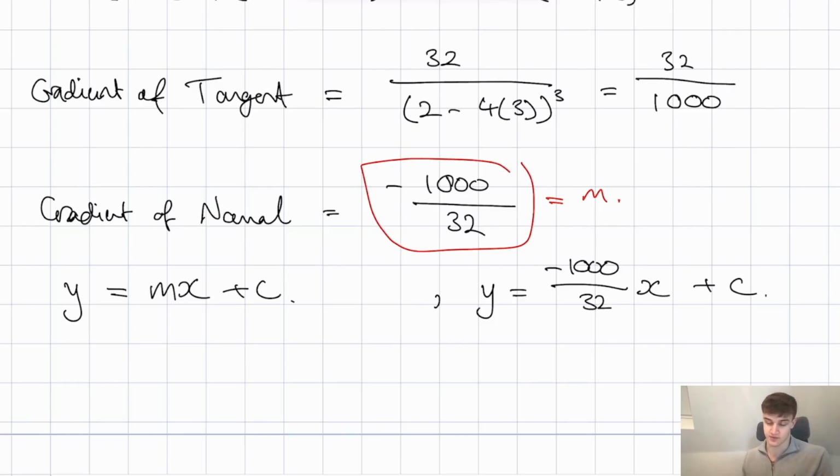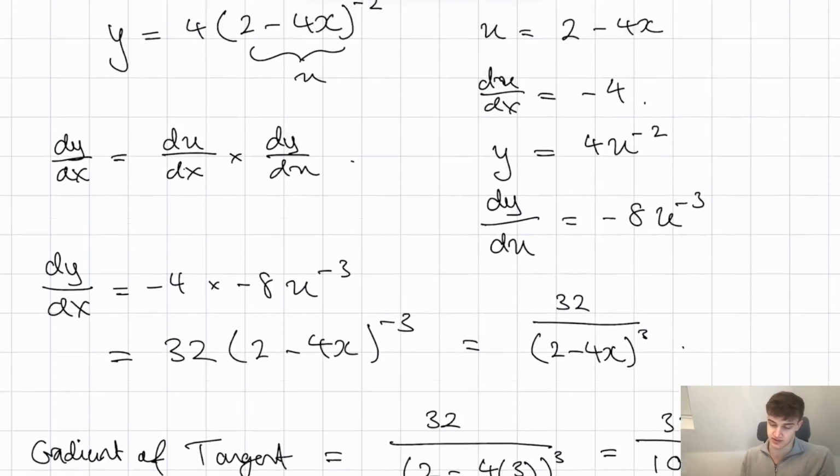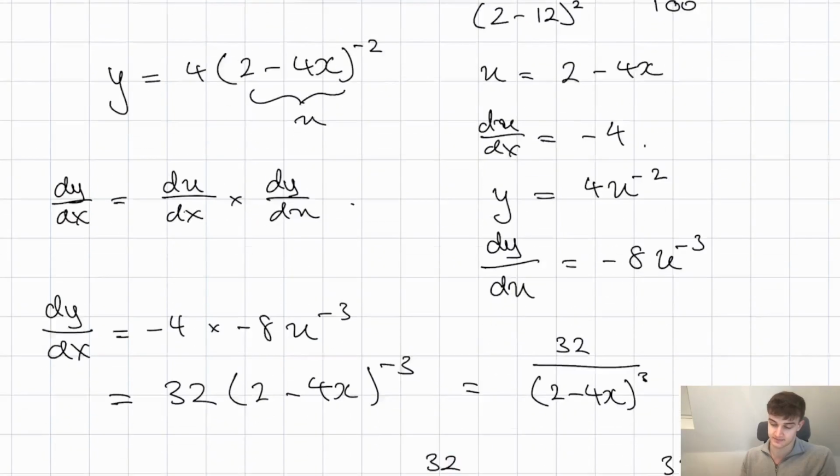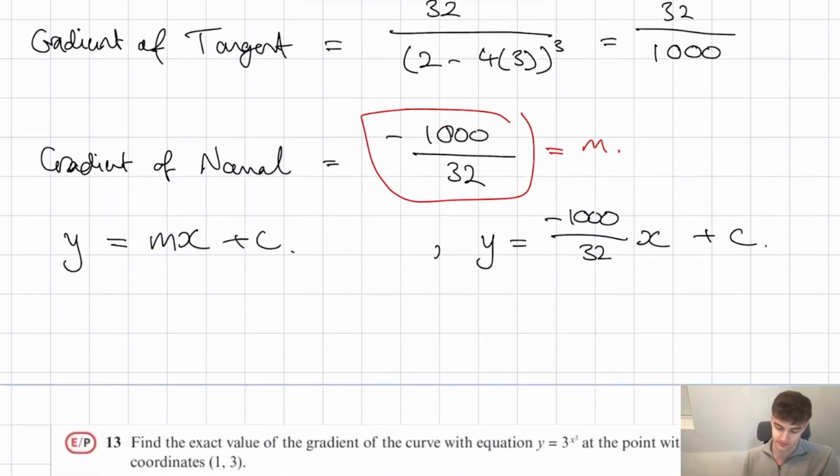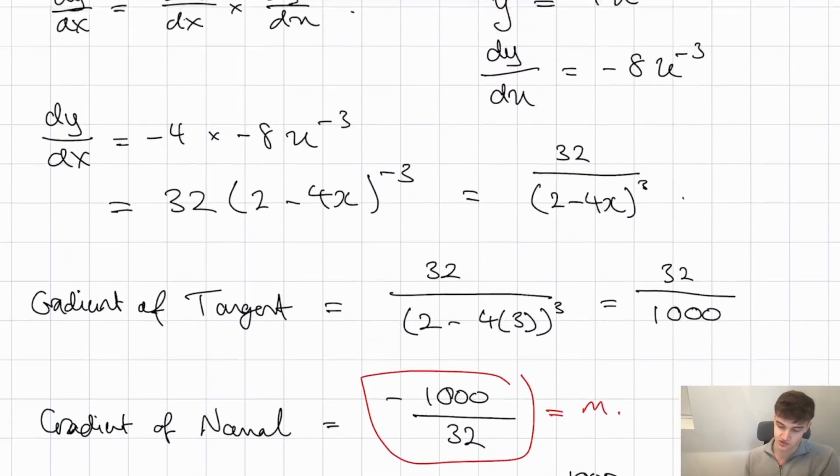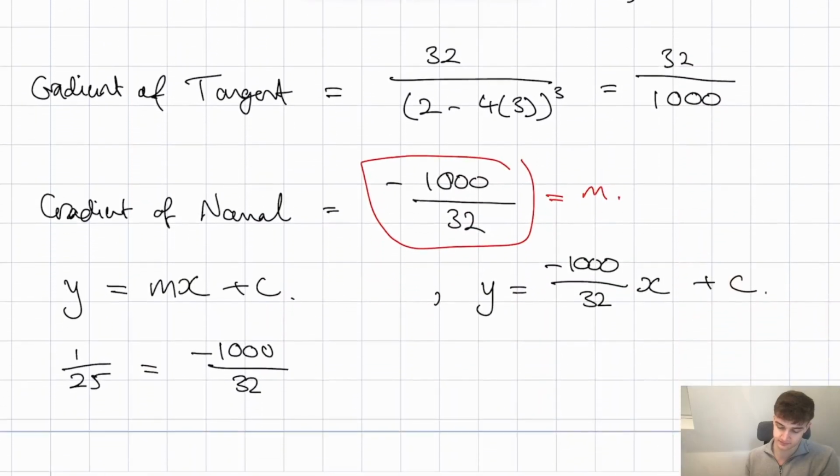And once again, we have to work out what c is, so let's substitute in the full point A. So we know that 1 over 25 is equal to negative 1,000 over 32 times, sorry, not x, x should be 3, times 3 plus c.